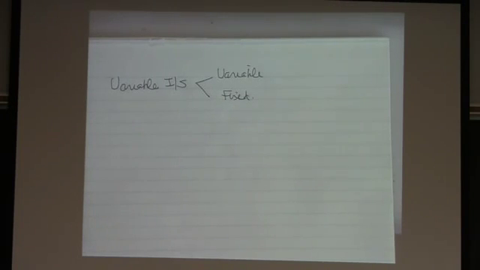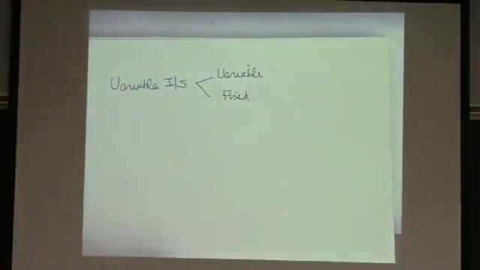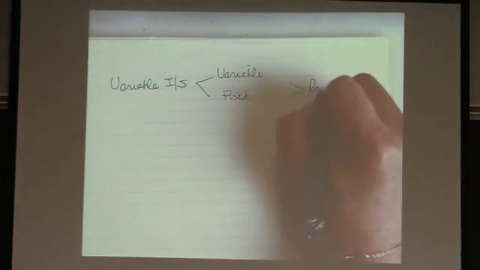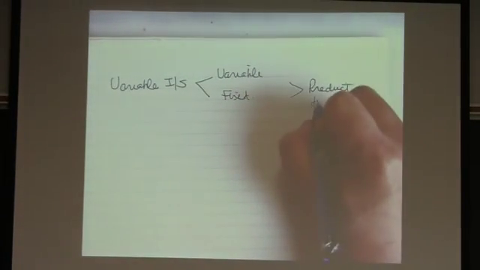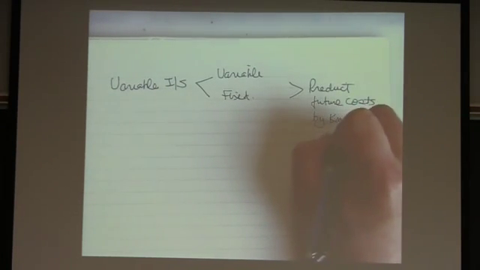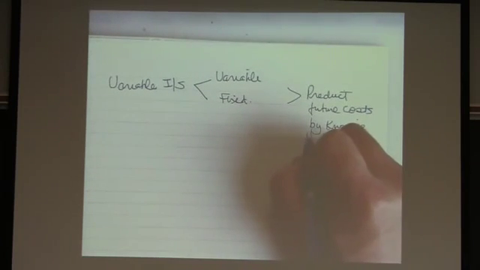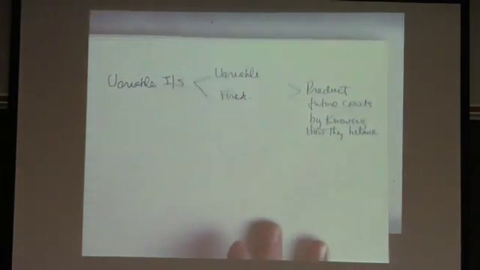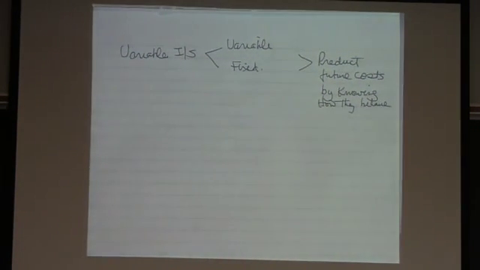We need an income statement that segregates variable and fixed so that it allows us to predict future cost by knowing how they behave. So that's the key. It's by knowing how they behave that the variable income statement is extremely important.